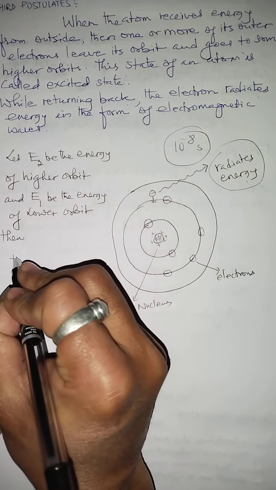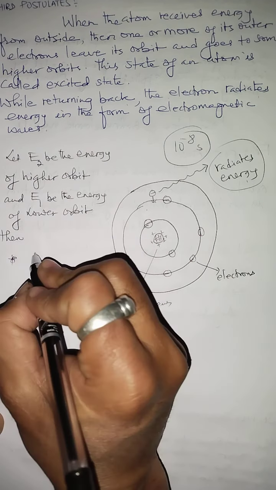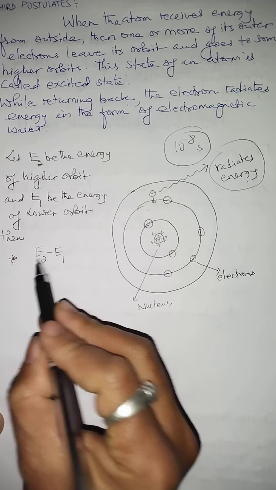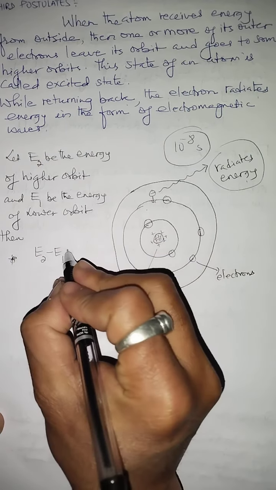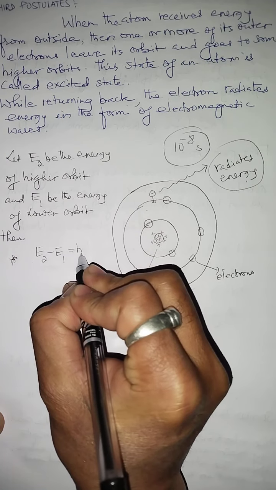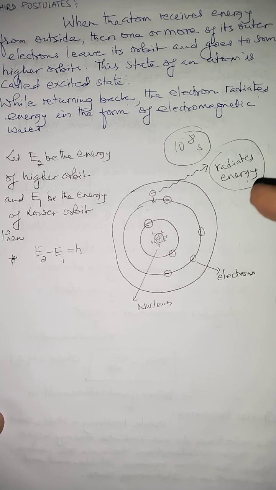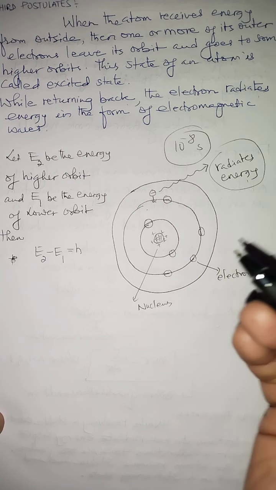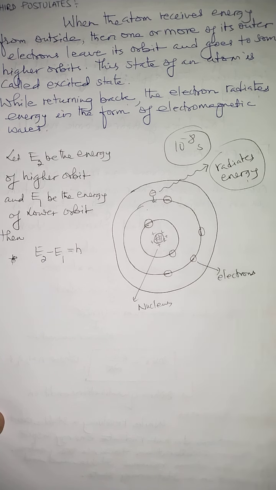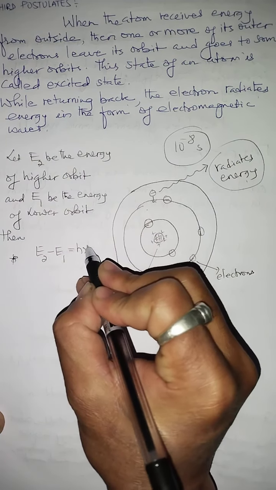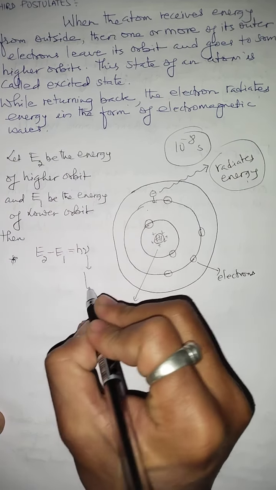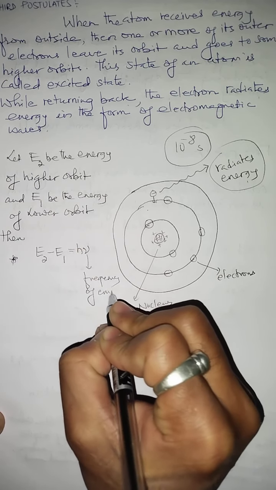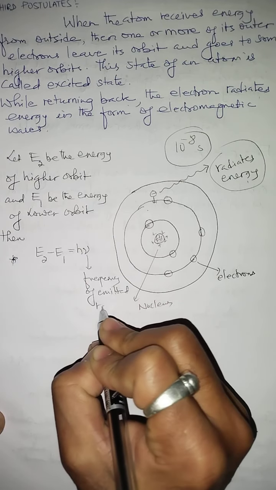Then according to Planck's quantum theory, the difference in energy, E2 minus E1, is always equal to the energy of the emitted radiation, that is, the energy of the emitted photon, which is given by h nu, and this nu is called the frequency of the emitted radiation.